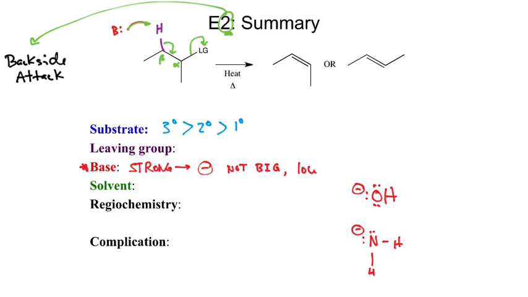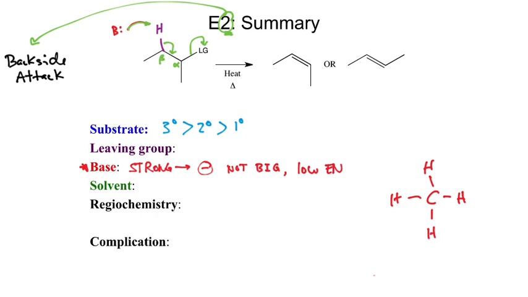So we actually want low electronegativity. Last one I'll throw at you for this one. Carbon's probably the lowest electronegativity that we look at, right? So is this a good strong base?